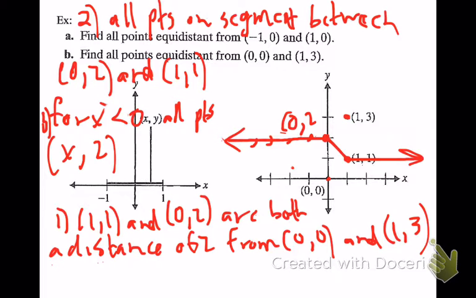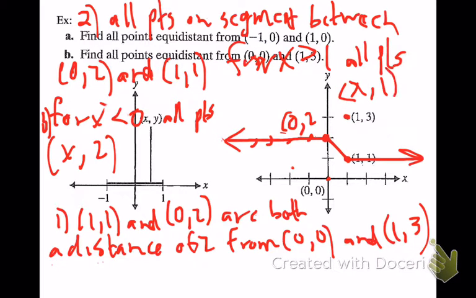So the last part we got is for x greater than 1, all points y equals 1. All right, any questions on the notes? No questions. Okay.